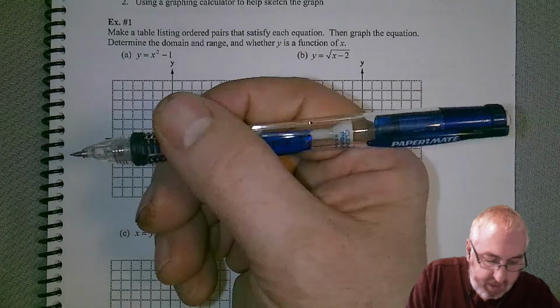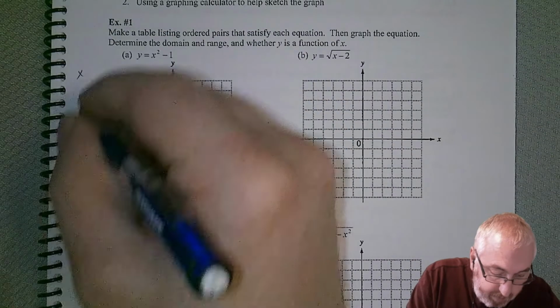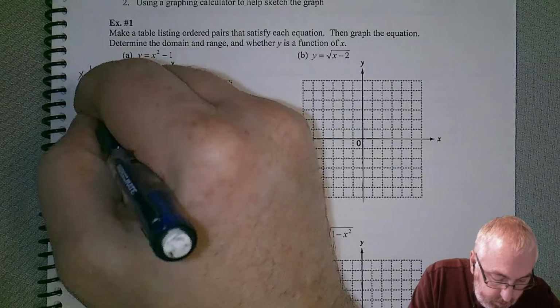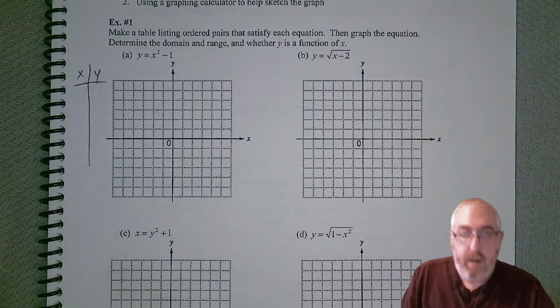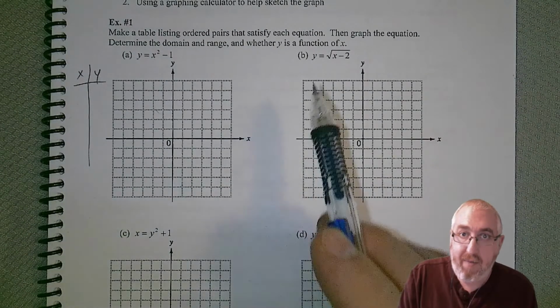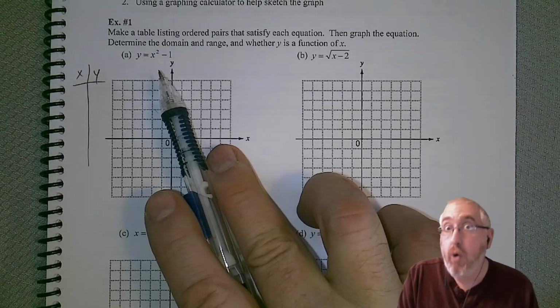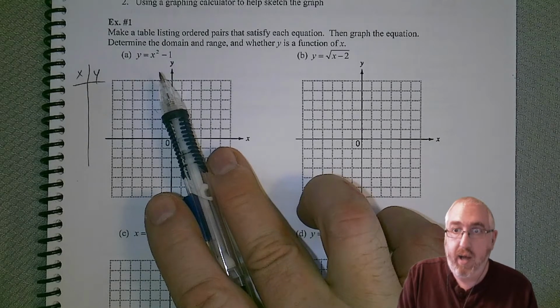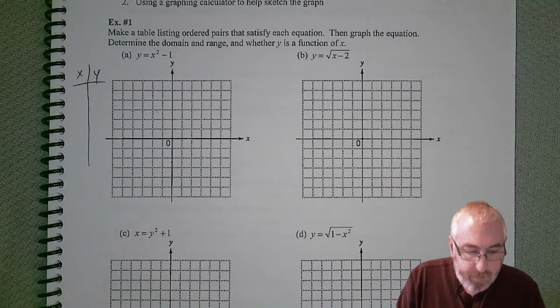I'm going to make a table vertically just because it'll be a little bit easier. We're not 100% sure if we have a function, so that's why we're not using function notation yet, but we could once we determine that it is indeed a function.